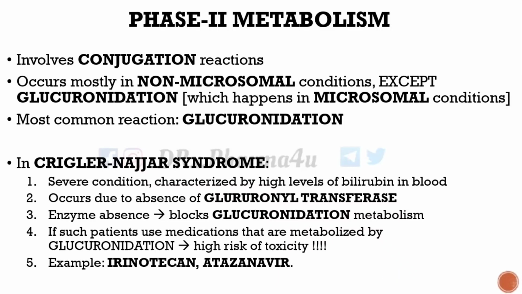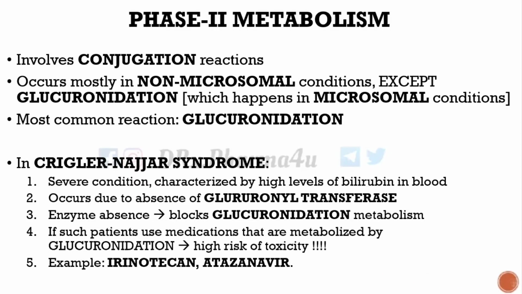Crigler-Najjar syndrome is a condition characterized by high levels of bilirubin in the blood. It is severe hyperbilirubinemia. This usually occurs due to the absence of an enzyme known as glucuronyl transferase.